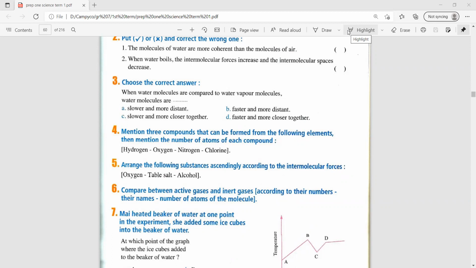Arrangement A. What is the arrangement? From the forces, okay. Oxygen, alcohol. Yes. That's right.